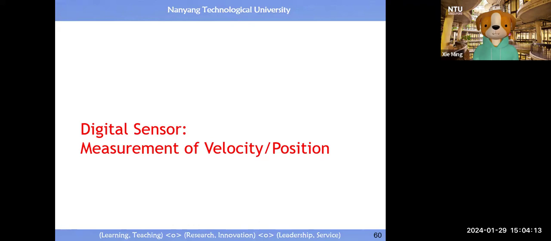Now we jump to digital sensors. This one is also quite popular. Try to understand the physical principle behind the design of digital sensors. So digital sensor means what?